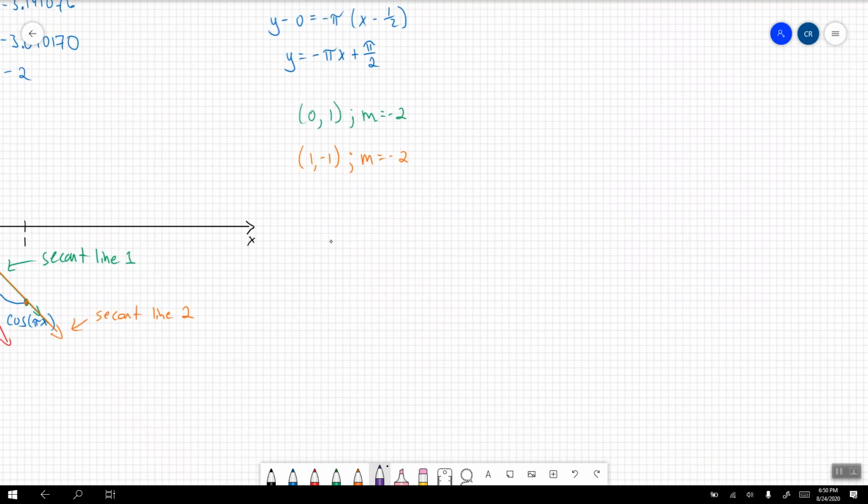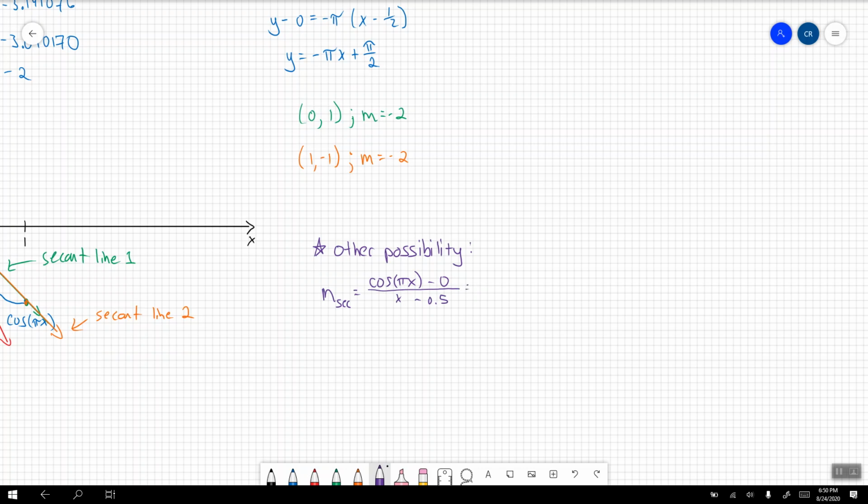If we had one of the points fixed, the other possibility is that the slope of the secant line could have been thought of as your y values, cosine of pi x, minus the y value, which was 0, all divided by x minus 0.5.